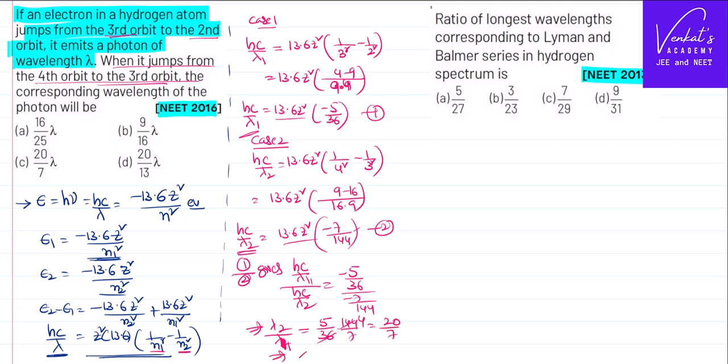That is lambda 2 by lambda 1. So lambda 2 equals 20 by 7 times lambda 1. That's the answer for the problem. That's how we solve this problem.